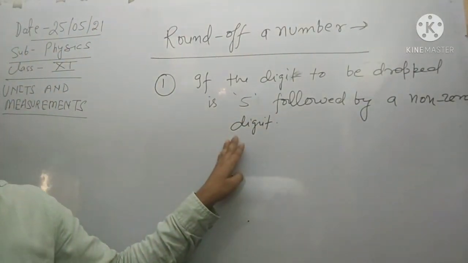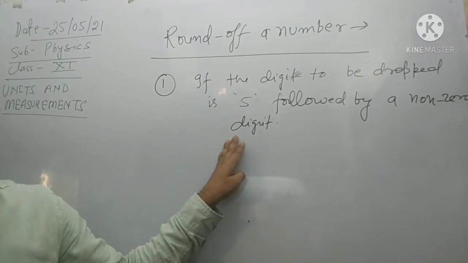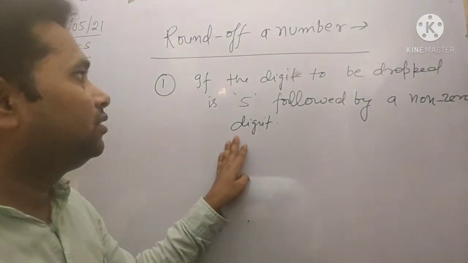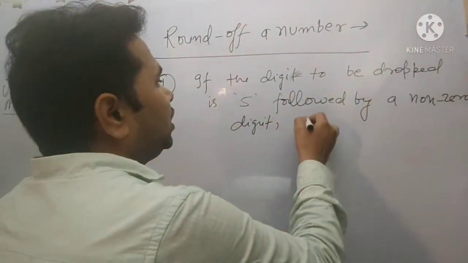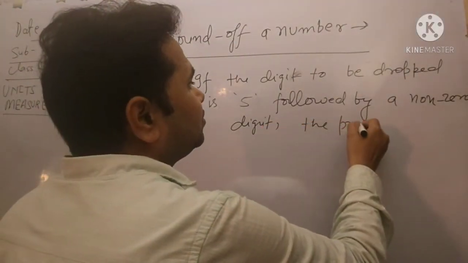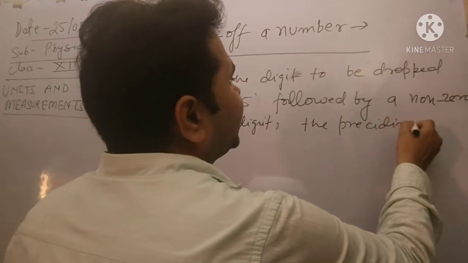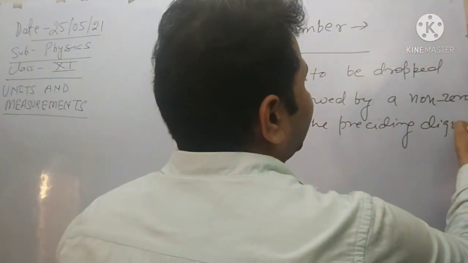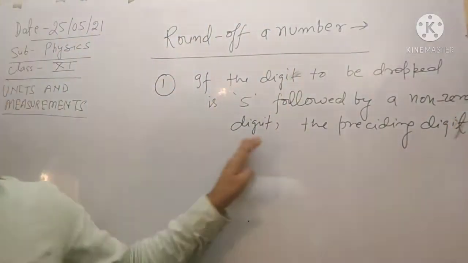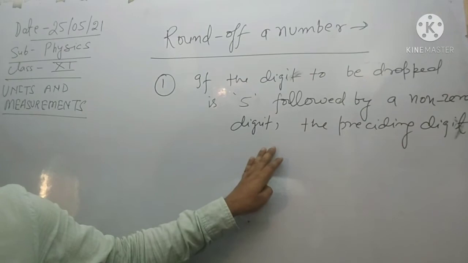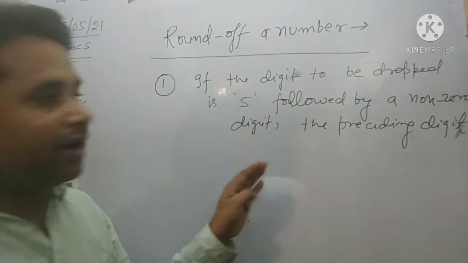See here, then the rule says that the preceding digit, ऐसे कह दो, the preceding digit means पहले वाला, dropping digit से पहले, then the preceding digit should be increased by 1.